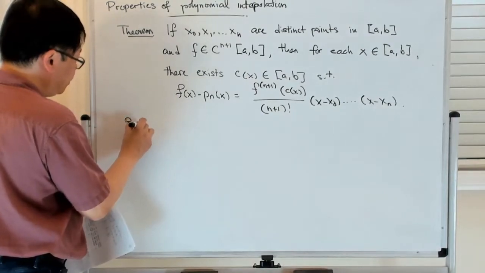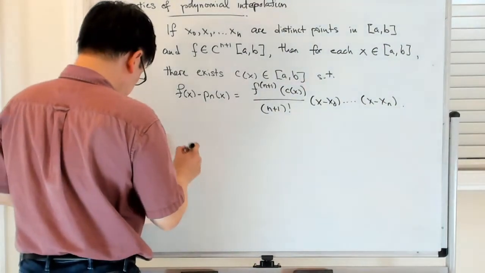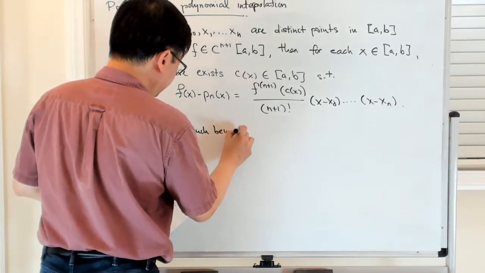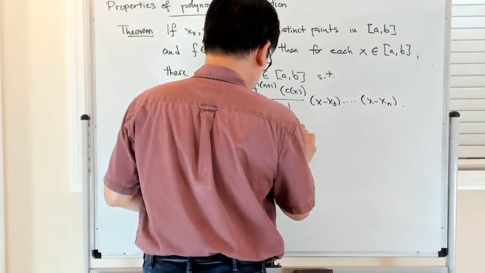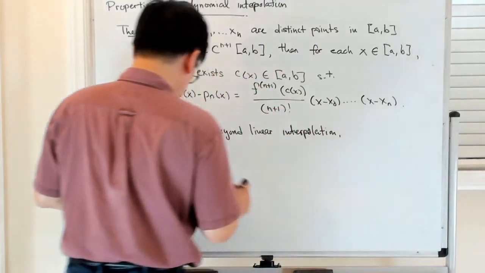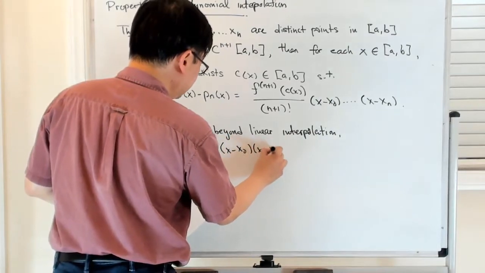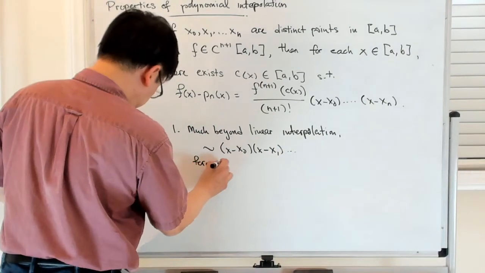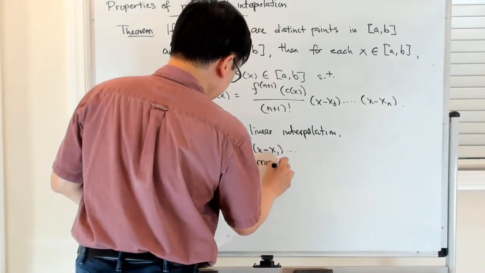So let me make a few remarks. The first is that when you go much beyond linear interpolation, the error term, which looks like x minus x0, x minus x1, and so on, is not very easy to work with.